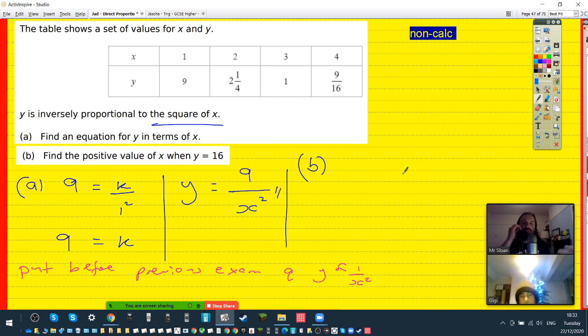Part B. Is it 0.75? Well done. Plus or minus, but they wanted the positive value.